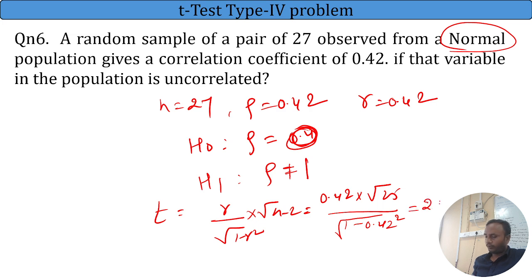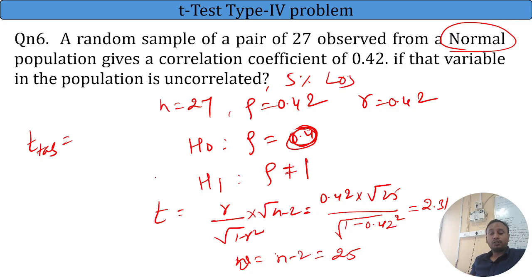So it comes to 2.31. The degree of freedom is n minus 2, so it is 25. If we check the table at the 5% level of significance, the t value is 2.060.